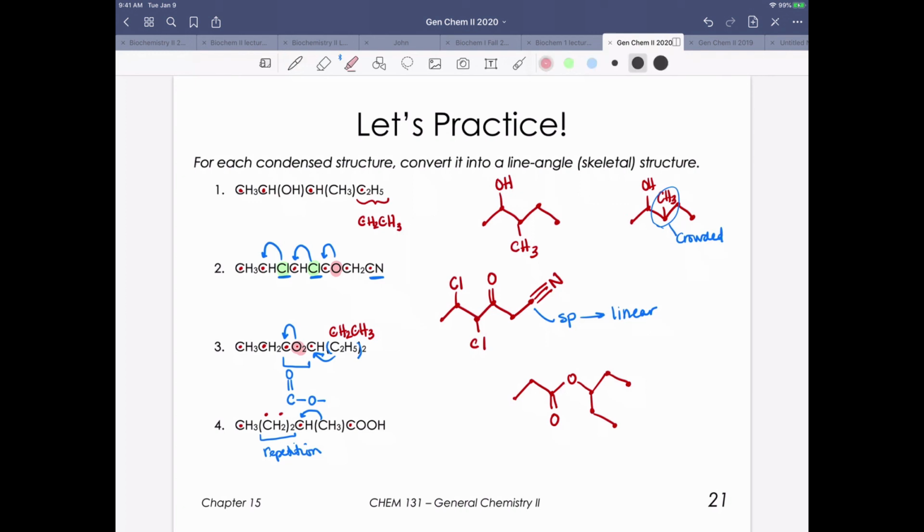And then I'm going to have this group that I'm going to have to put on the end. COOH. And the more of these you start doing, you'll start recognizing stuff. All right, so I need to have, let's count again, 1, 2, 3, 4, 5 carbons in a row.